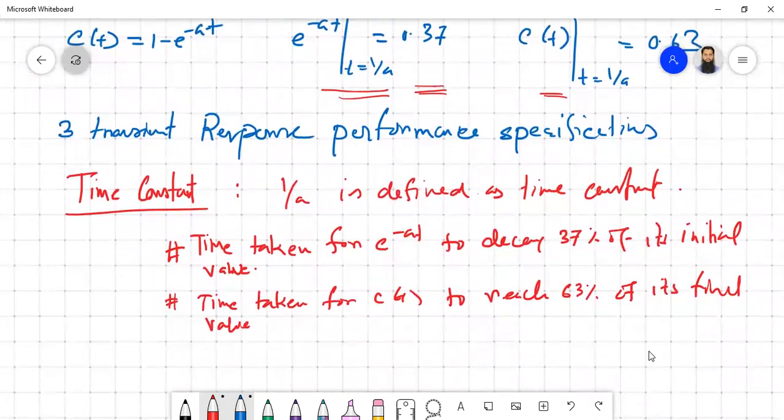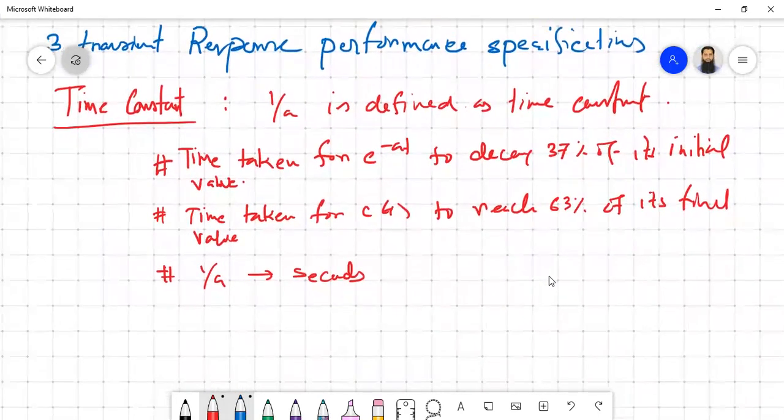Okay, some other things are also there. First, this is the time constant, so 1 by a has the unit seconds. What about the reciprocal of it?